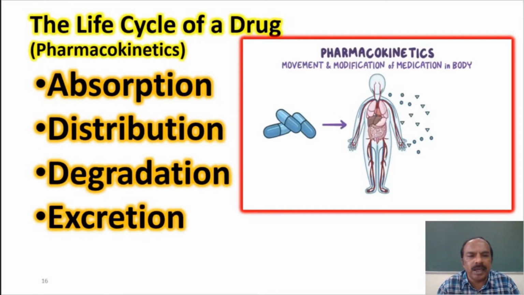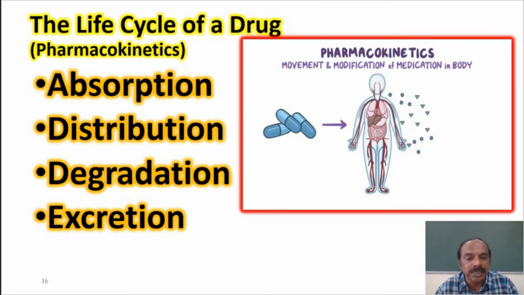The life cycle of drug is called pharmacokinetics, and as I mentioned in the previous slide, there are 4 steps: absorption of the drug, how the drug is absorbed by the body. Second step is distribution, how the drug is distributed all over the body. Generally, the drug is distributed all over the body through blood, and how the drug is degraded in the body.